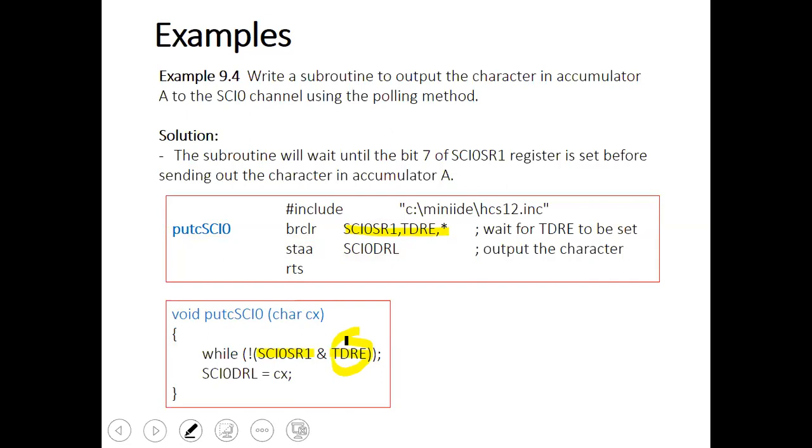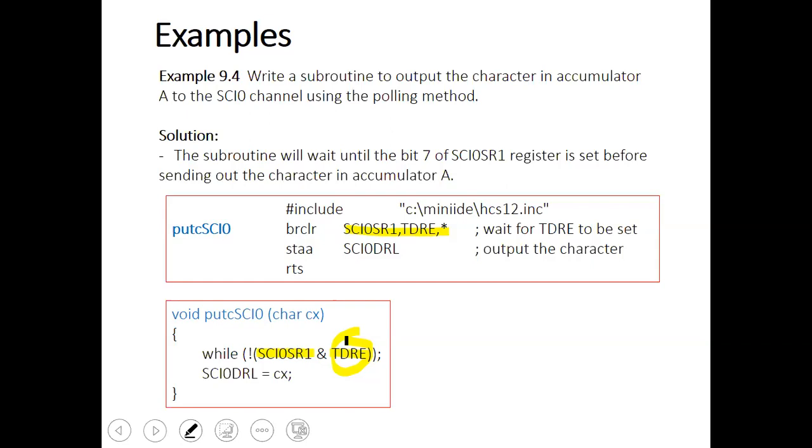What is this? TDRE. It is the name of the flag. But how do you AND 1 bit with 8 bits? It is not ANDing the TDRE bit with the status register bit, because you want to check the TDRE flag that is inside the status register.